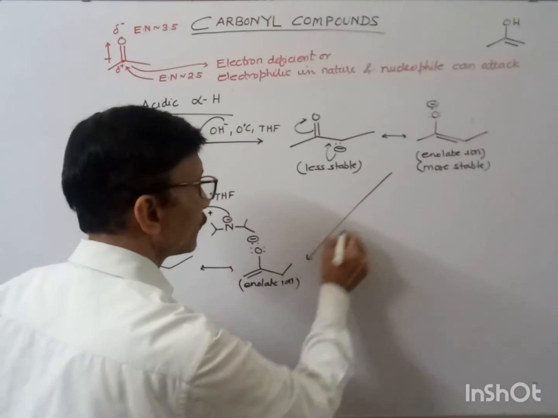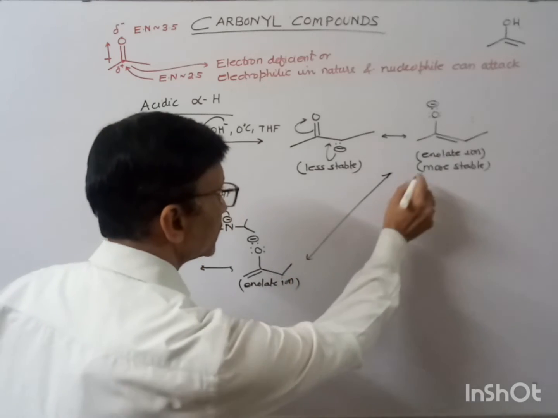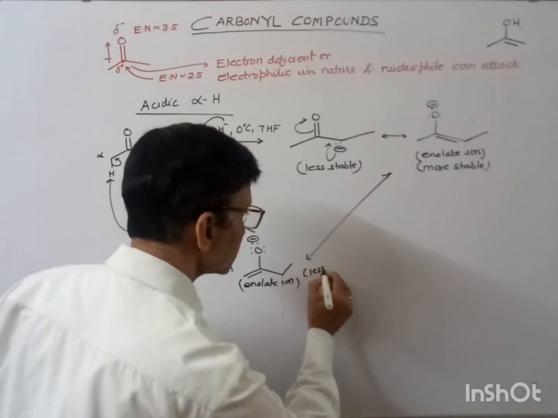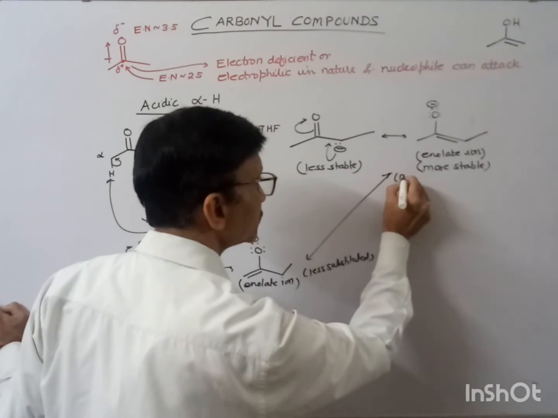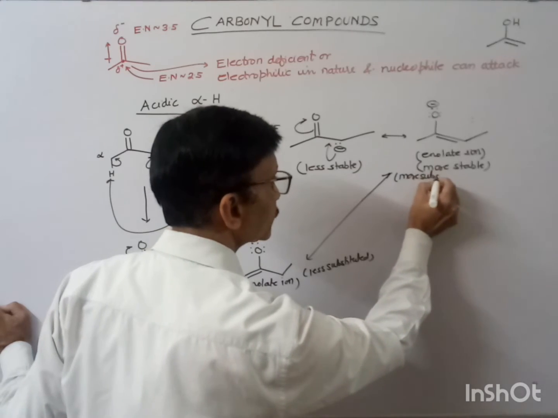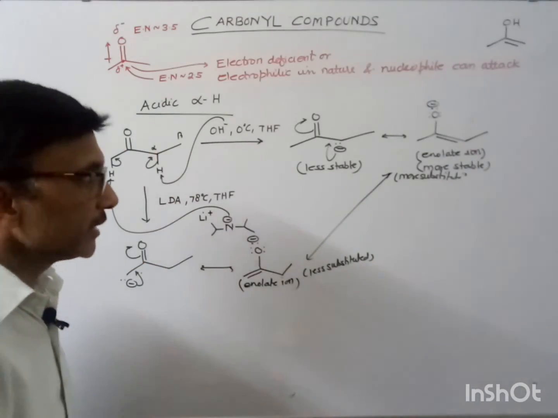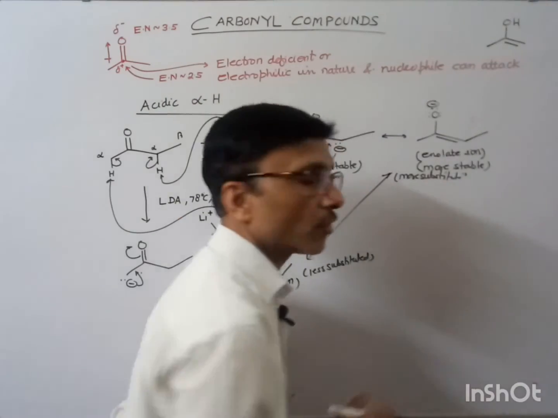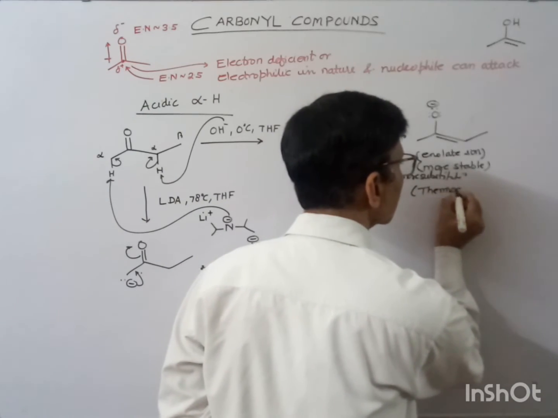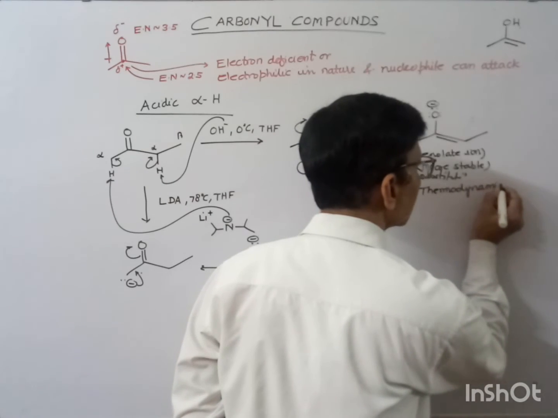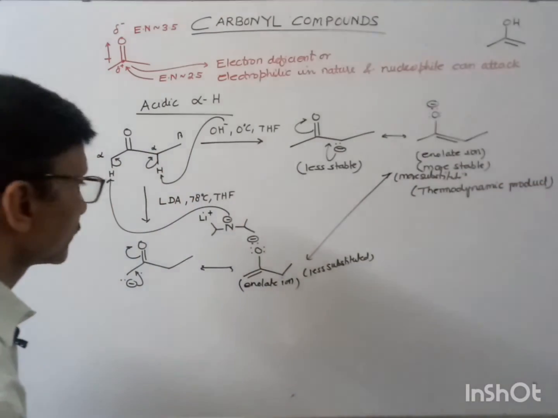This is less substituted, and this is more substituted, and that's why out of these two, this is more stable and this is less stable. And so here the product which is formed from there would be the thermodynamic product.